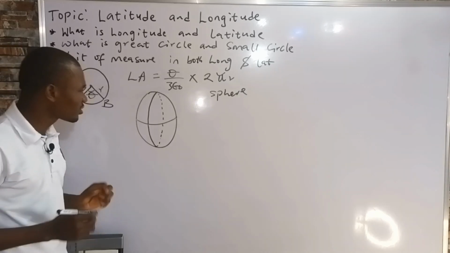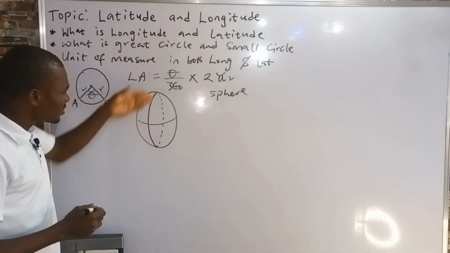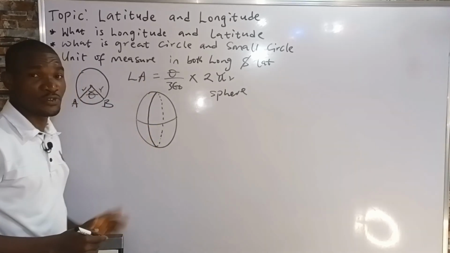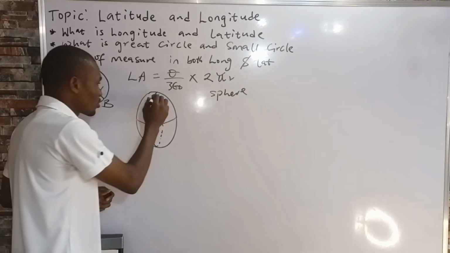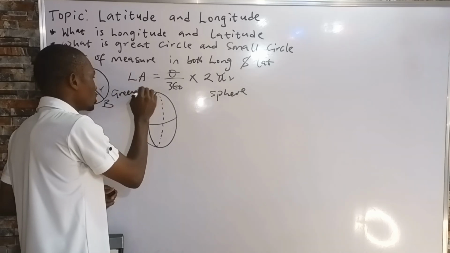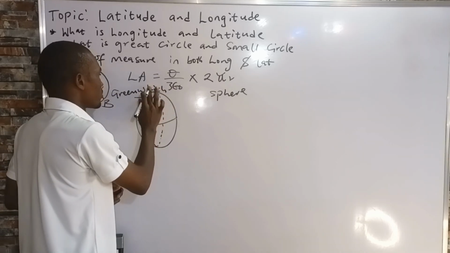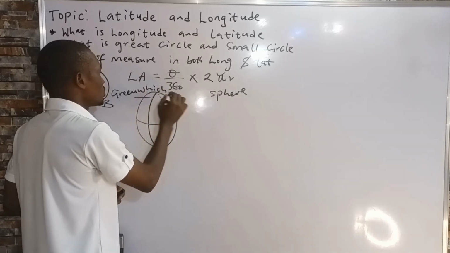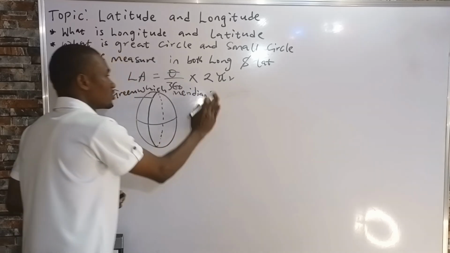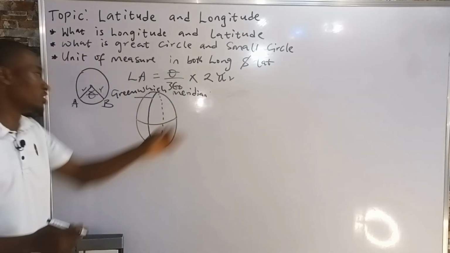But there is something I want you to know. If this vertical cut was done at the middle of this sphere, the vertical cut will now be called the Greenwich meridian. Meridian. Let me remove this. Greenwich meridian.